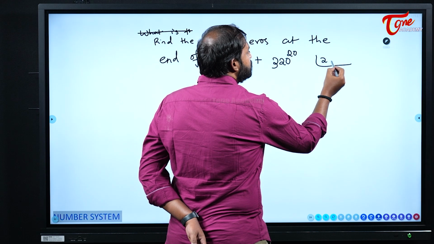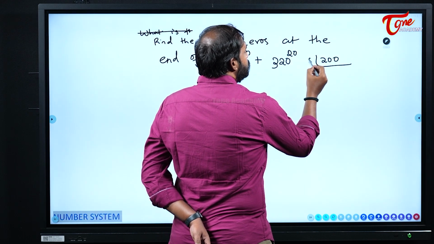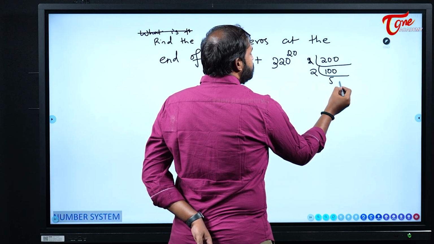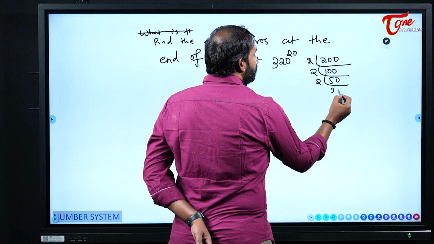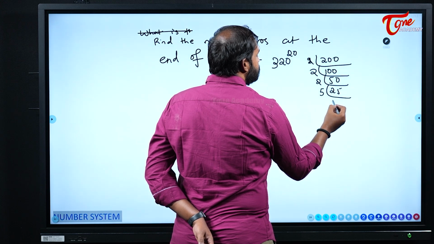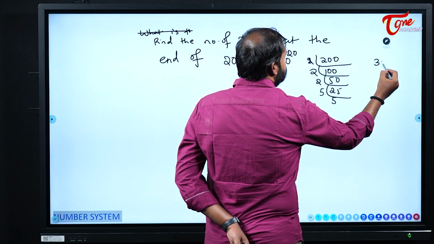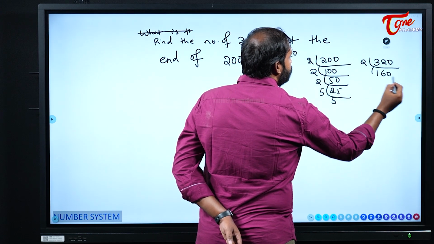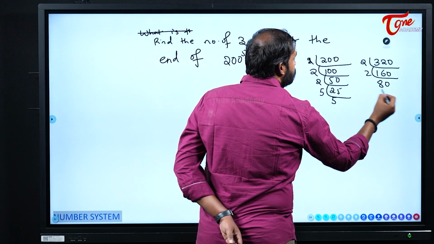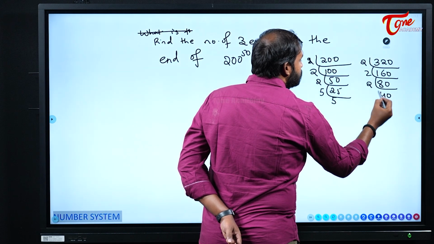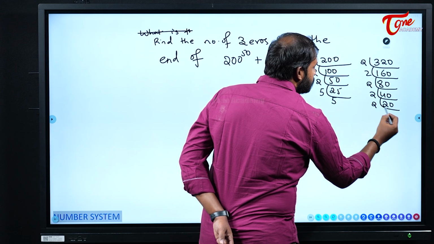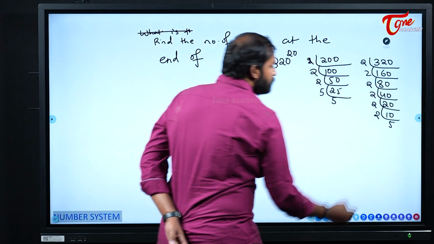When you do prime factorization for 200: 2 into 100, 2 into 50, 2 into 25, 5 into 5. And when you do the same with 320: 2 into 160, 2 into 80, 2 into 40, 2 into 20, 2 into 10 and 2 into 5.